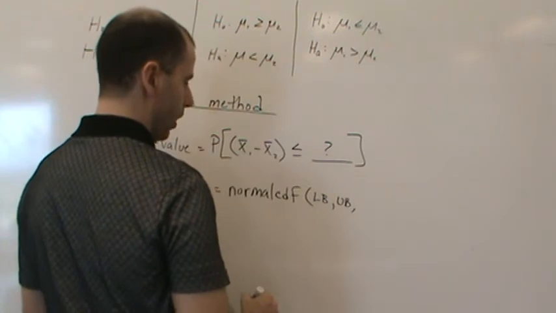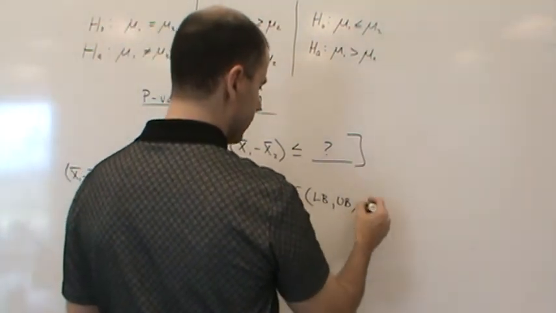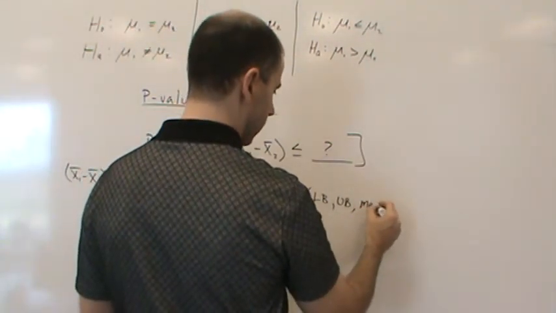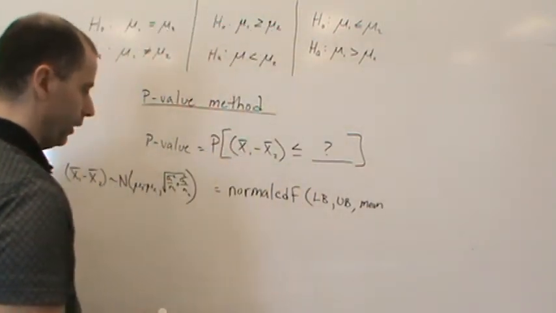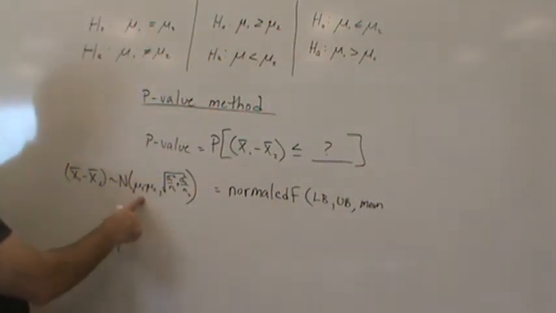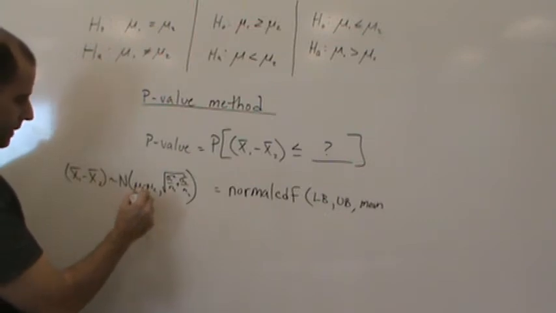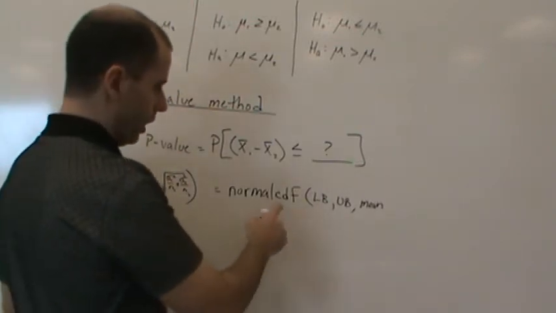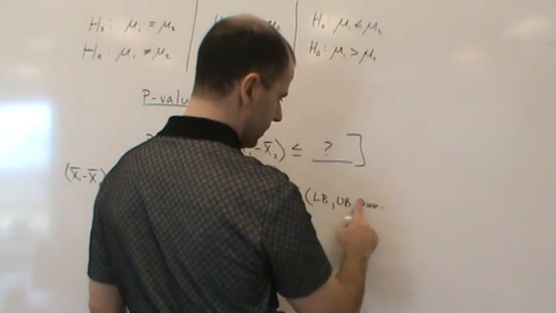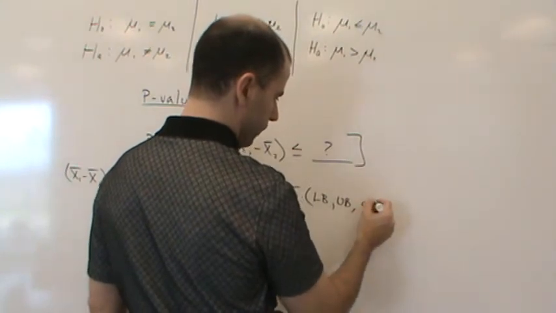But the most important thing is, what is the mean that we're going to put in? Well, the mean is always going to be under the null hypothesis. What's the null hypothesis? That there's no significant difference. So remember, it's going to be 0. With normal CDF, this will always be 0.